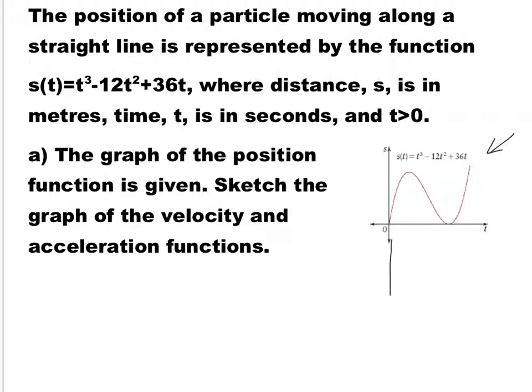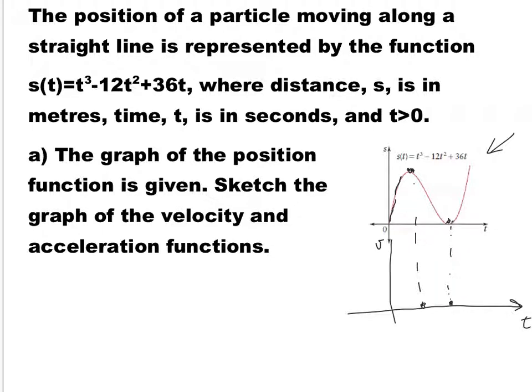So if I have another coordinate system here, which is t, and this is going to be the velocity, you can see that the velocity here and the velocity here are 0, which corresponds to these points here. Because the slope of the graph at these points is a horizontal line, and the slope of a horizontal line is 0.